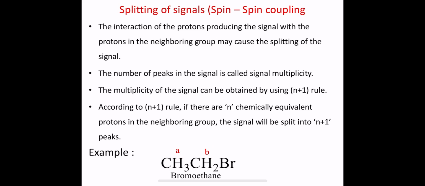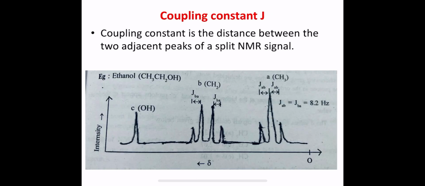Since 2 protons are present, 2 plus 1 equals 3. Therefore, for the CH3 group we are going to get 3 peaks, which is called a triplet. For the CH2 protons, the signal will split into 3 plus 1, which equals 4, and it is called a quartet.